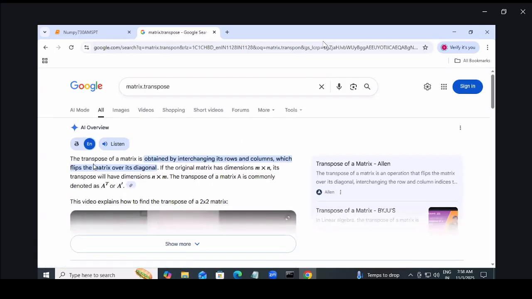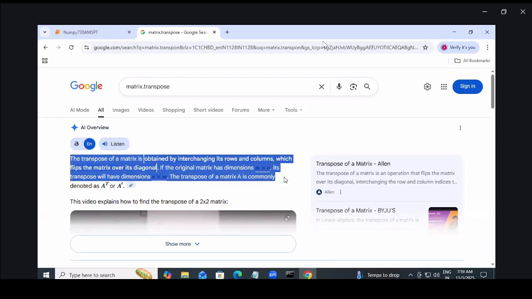The transpose of a matrix is obtained by interchanging its rows and columns, which flips the matrix over its diagonal. If the original matrix has a dimension of m by n, the transpose will have n by m. The transpose of matrix A is denoted by A^T or A transpose.